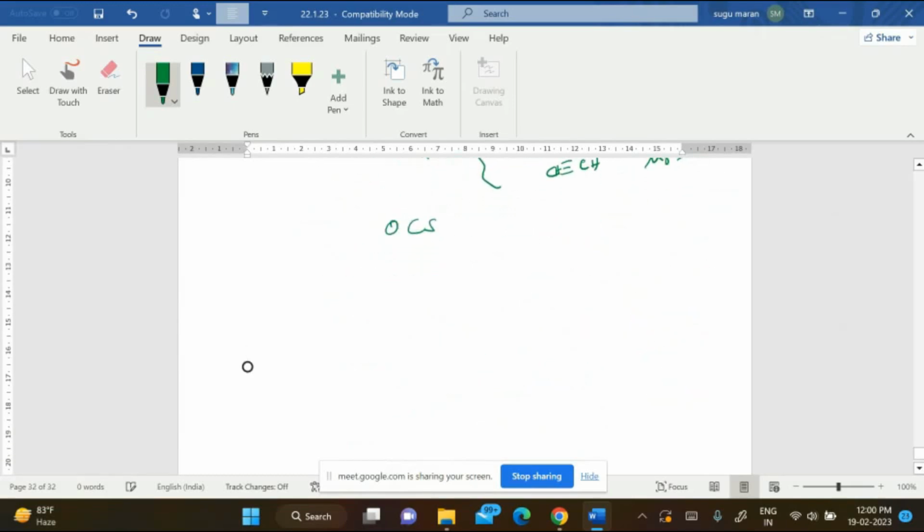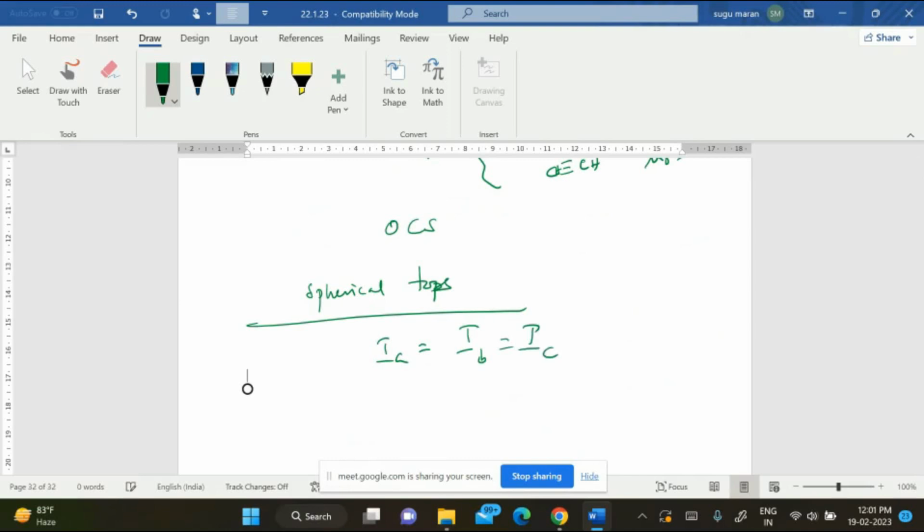Some molecules are called spherical top molecules, based on the moment of inertia. They are spherical tops. Based on the classification by moment of inertia, in all three directions x, y, z, that is I_A, I_B, I_C, all three axes are the same.